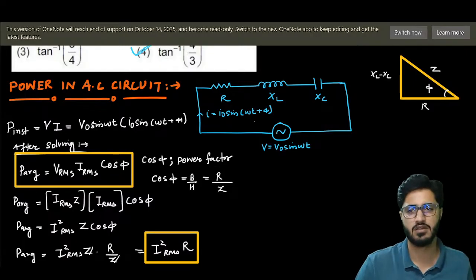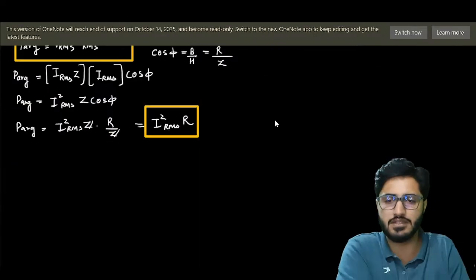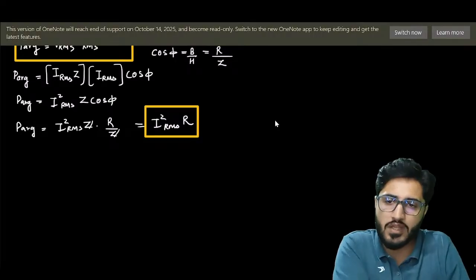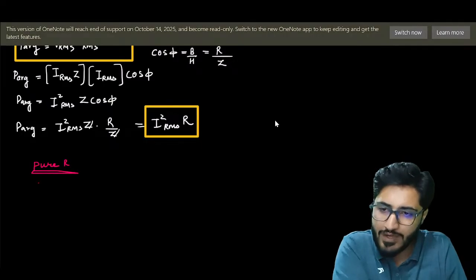So look now, the most interesting part here is that you need to remember. If we are talking about a pure R circuit, in which only R is present, what is the phi angle? There is no phase difference, phi is 0. So what will be P average now?